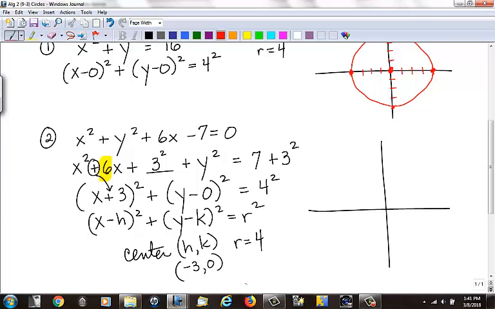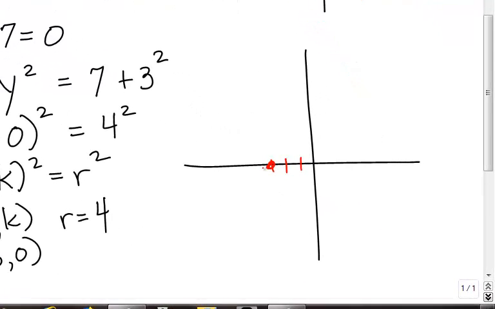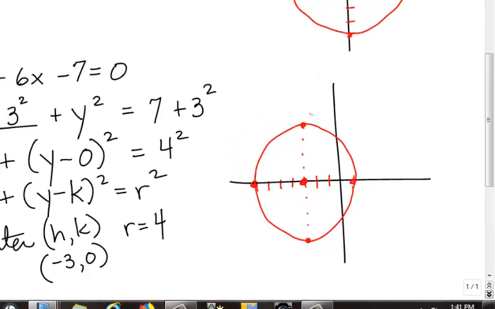Okay, you're going to plot (-3, 0). -3 to the left and up 0. Radius is 4, so you're going to go to the right 4, to the left 4. From the center, you're going to go up 4 and down 4. And then just sketch as best you can a circle. Close.